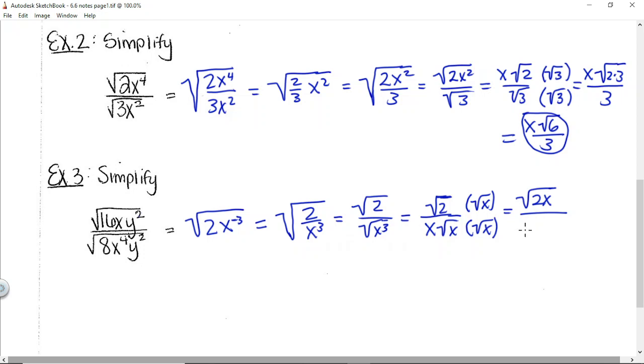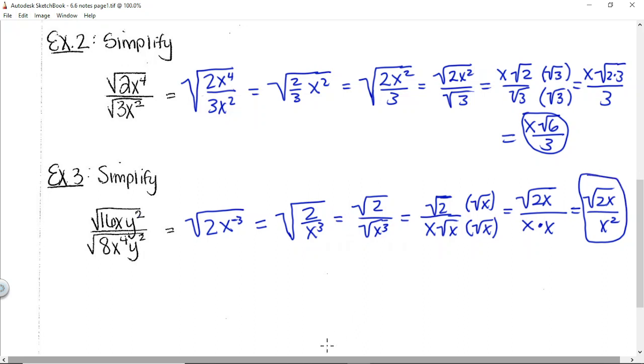And in the denominator, we have this x here, and then, of course, we multiply square root of x times the square root of x. That gives us another x. And so that's just x to the 2nd power. So let's write it like that. And that's it.